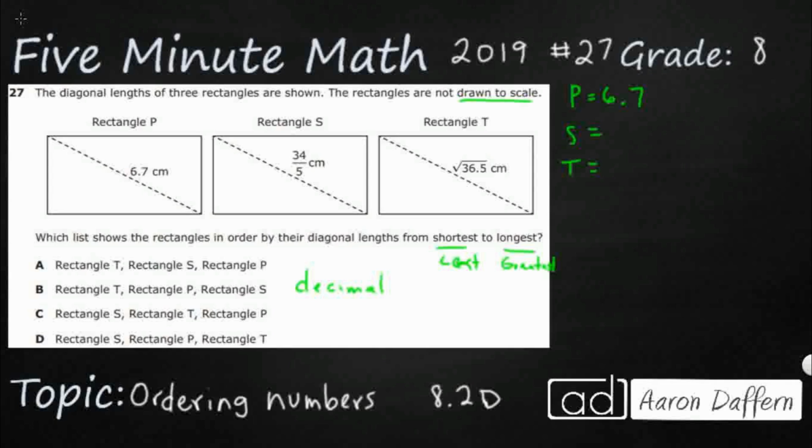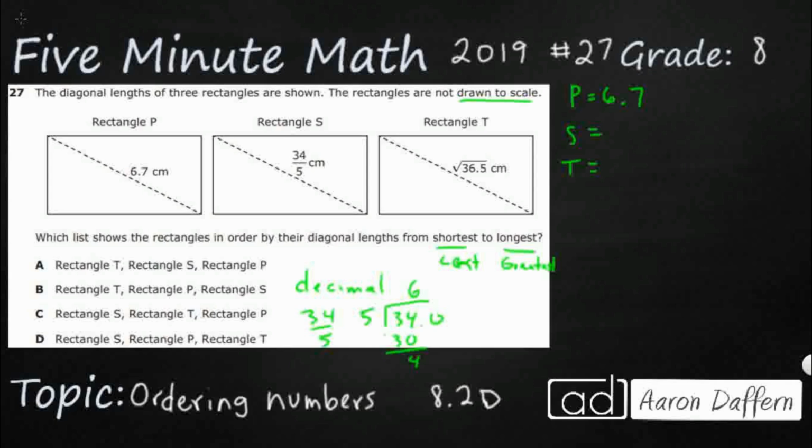We can get exact on S, and we're going to estimate on T. S is 34 over 5, so we're just going to divide. 5 goes into 34 almost 7 times. It would have been nice and even if we had 7 times, but it's going to go 6 times.